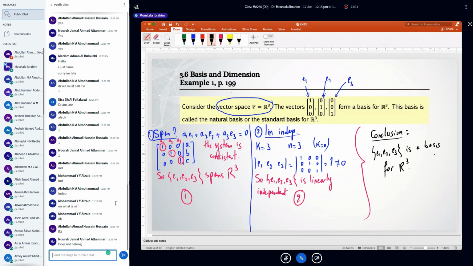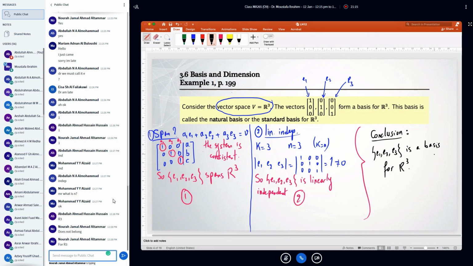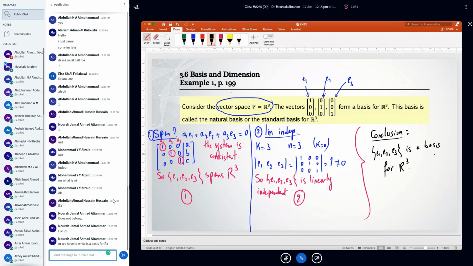What do you mean does not belong? No, it belongs for sure.